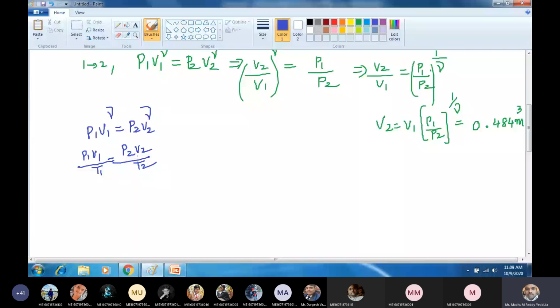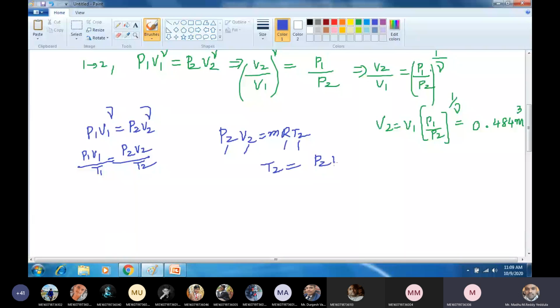Or else we can directly use P2 V2 equal to m R T2, because P2 is known, V2 we just calculated, and R is there. T2 is required, so T2 is equal to P2 V2 by m R.